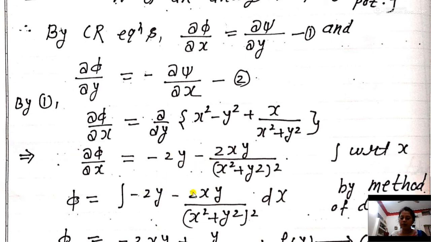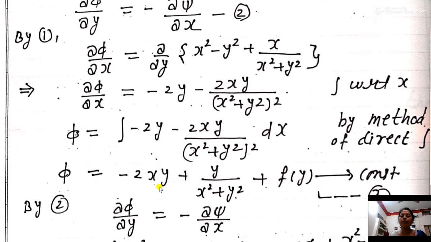So the value of phi will be the integration of minus 2y minus 2xy upon x square plus y square whole square with respect to x. Remember, here you have to treat y as a constant. So treat y as a constant and integrate this function with respect to x.